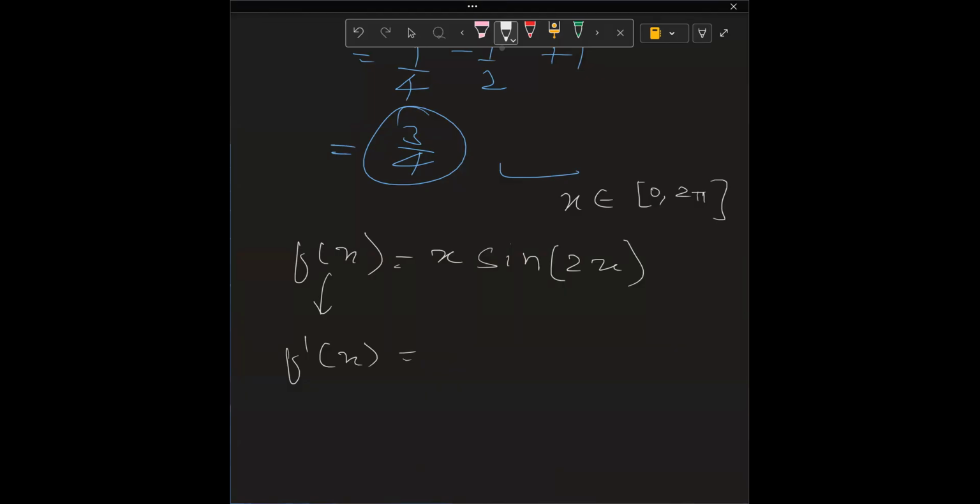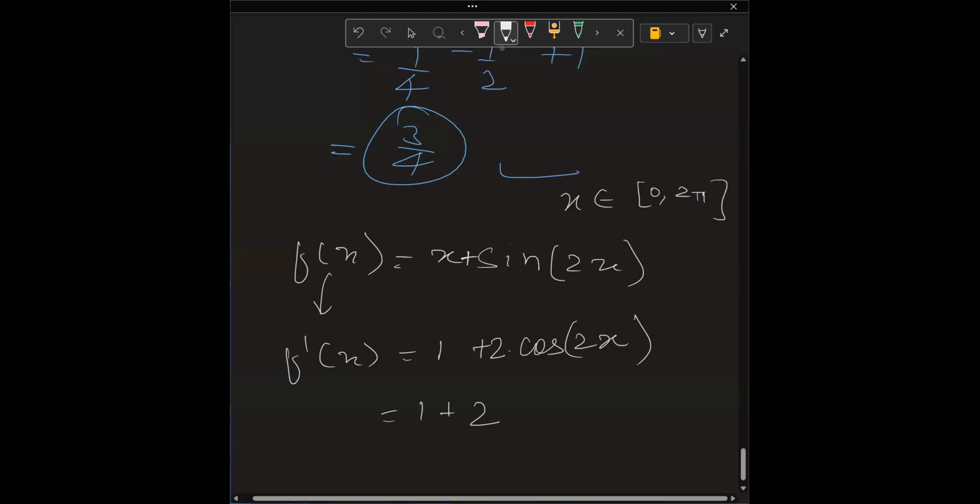Differentiation of x is 1. Sine 2x differentiates to cos 2x, and 2x differentiates to 2. So this is going to be 1 plus 2 cos 2x.